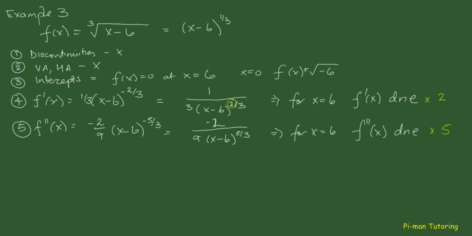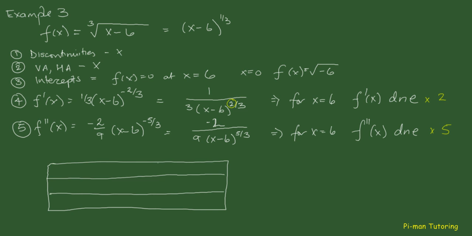So we don't have any zeros for f dashed of x or f double dashed of x, but we do have a couple of does not exists. So let's make our strip chart now and see what that all means.